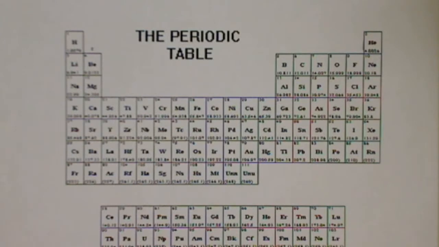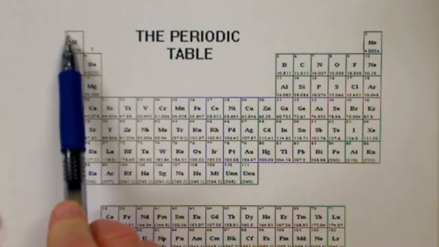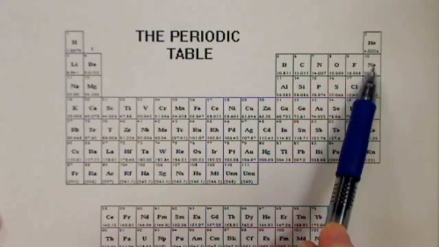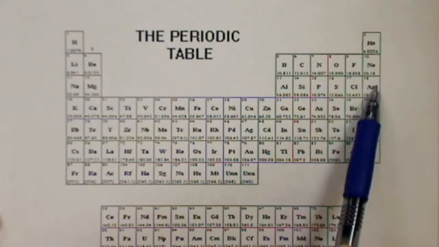The periodic table is set up in a very organized fashion. There is nothing random about it. Each element that is found in nature and those elements that have been synthesized by man are located on the periodic table. You'll notice that it's put together according to atomic number 1, 2, 3, 4, 5 through 10, 11 through 18.